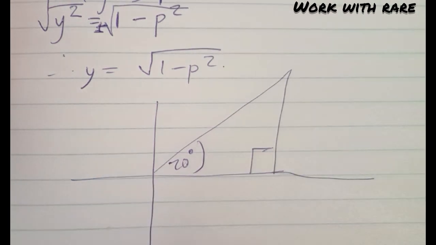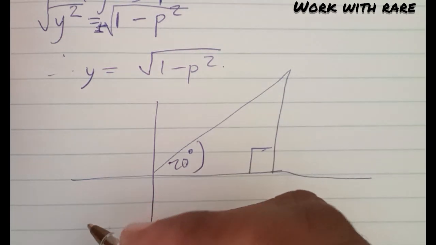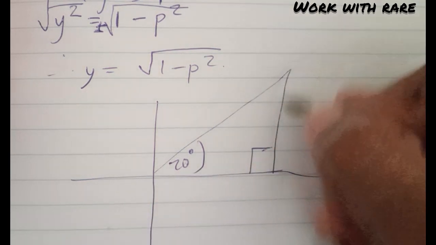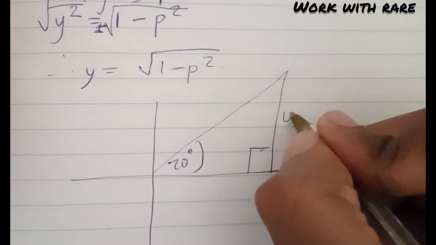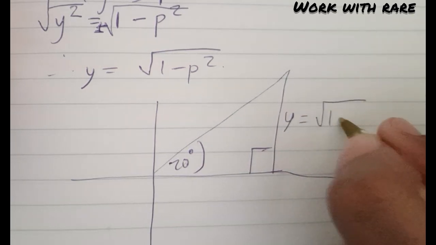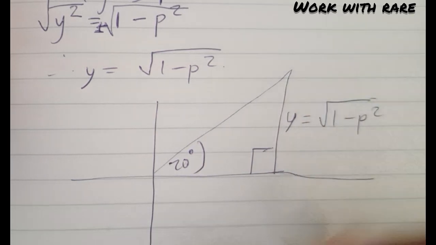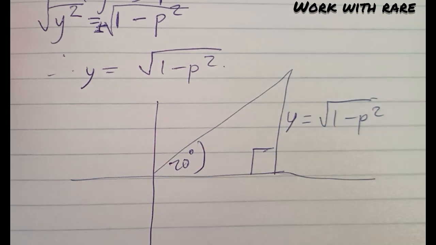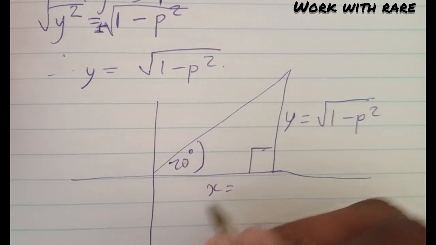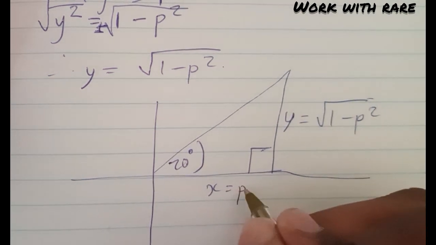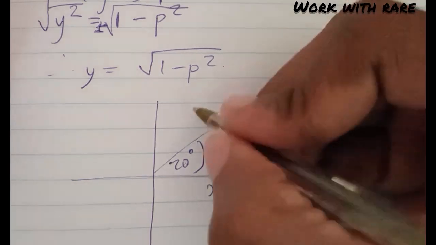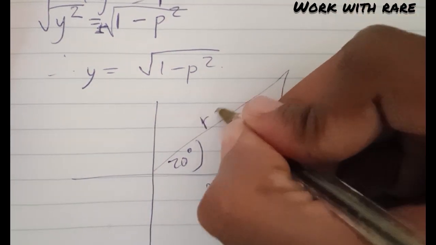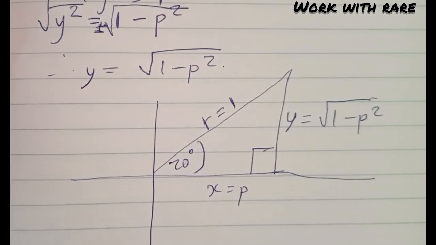So my value of y, remember y is this part, so y is equal to the square root of 1 minus p squared. My x is p, and my r, which is my hypotenuse, is 1. You see, so once I have these values, I can answer my following questions.